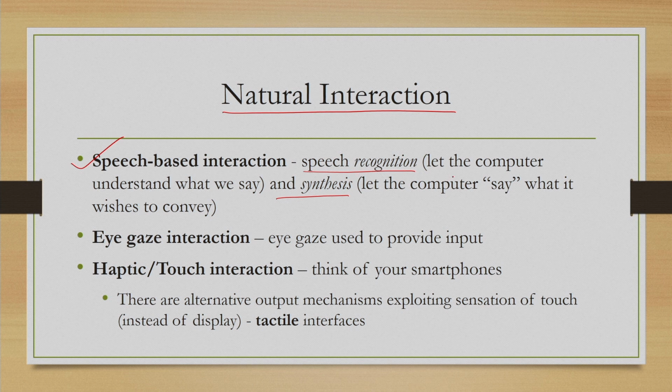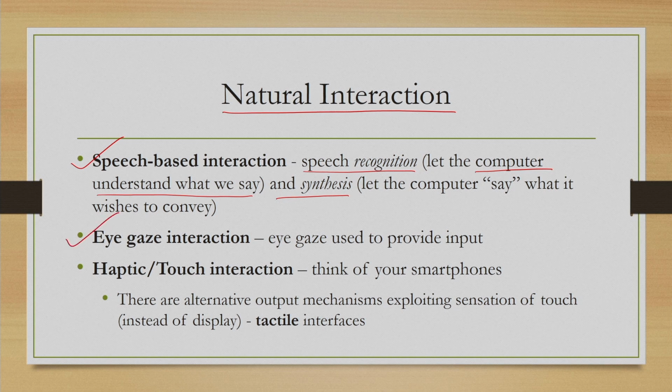In case of speech recognition, the computer can understand what we say. So, we provide input through our voice, and there is a speech recognition system that understands what we say, and then it can also produce output in terms of human understandable speech through the synthesis method. Note that this is different from what input and output we have mentioned earlier.